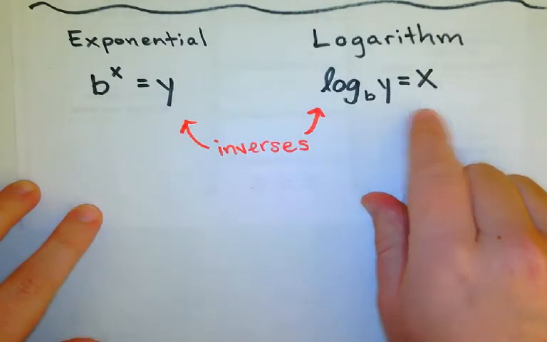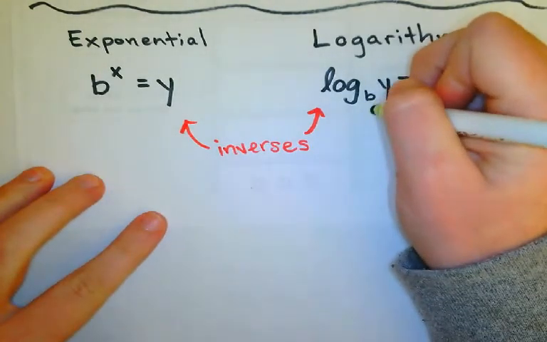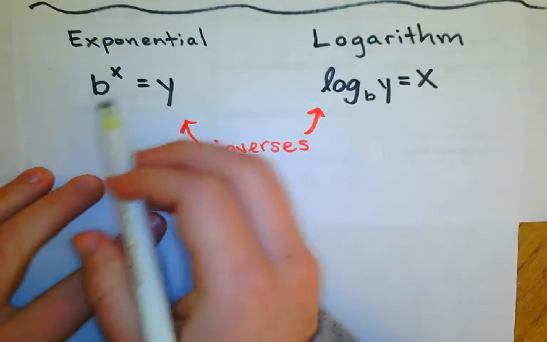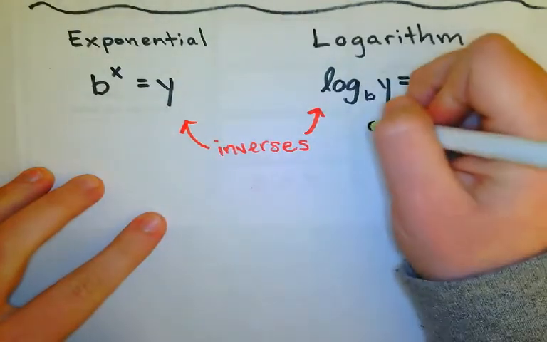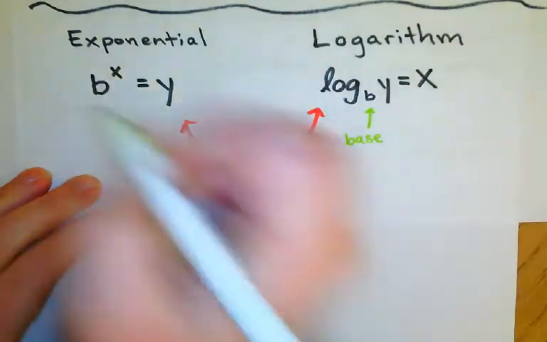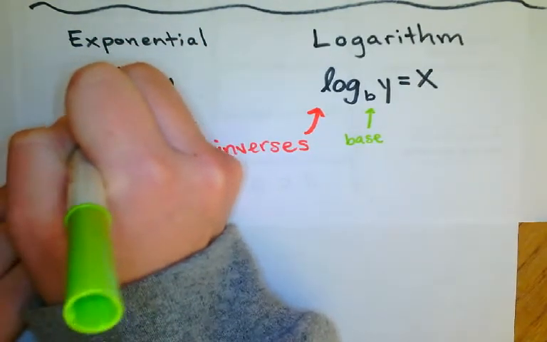Okay, that b, the y, and the x, they have special names. So, just like in your exponential equation, the base of your exponential function is also called the base of your logarithm. Alright, so both of these are bases.